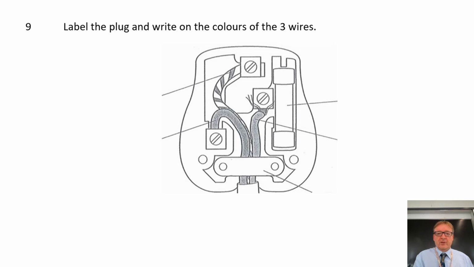Label the plug and write the colours of the 3 wires. So this one here is, let's do some colouring in, yellow and green. And that one is earth. This one is then the blue. I'm not good at colouring on here.